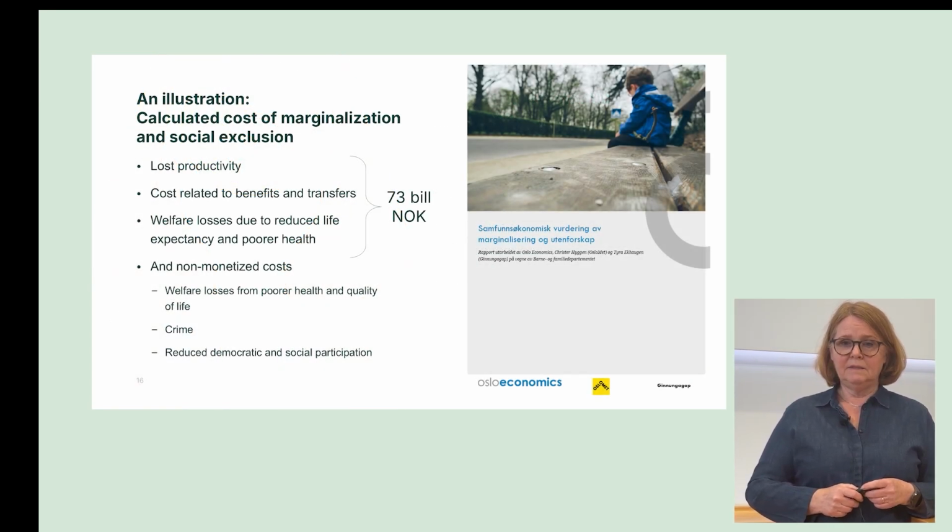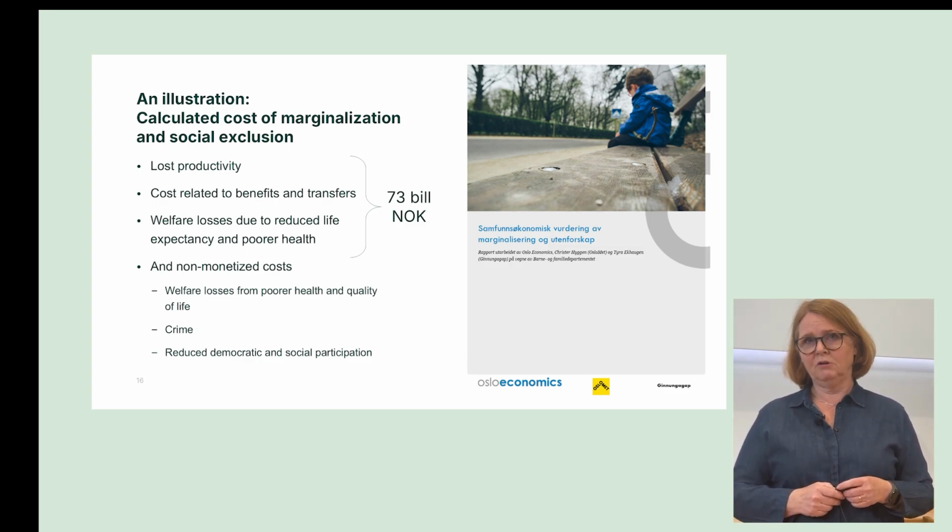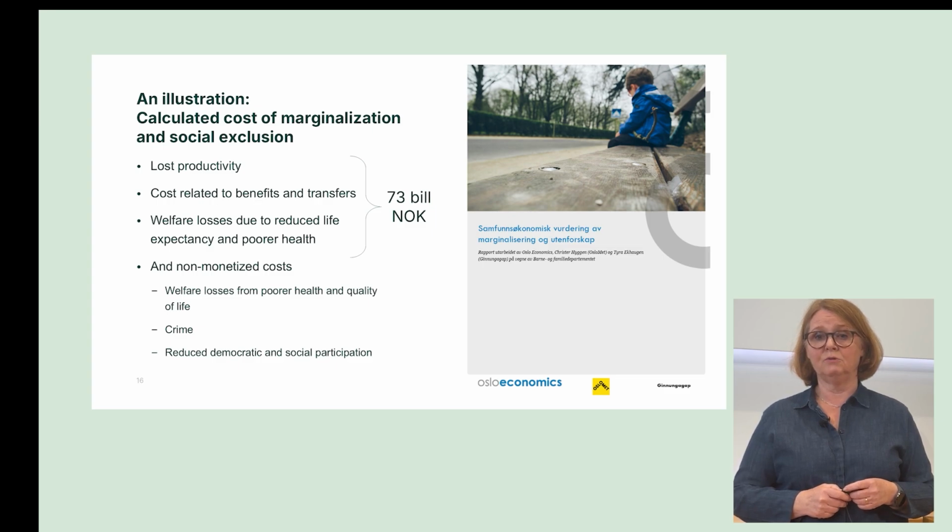It is difficult to determine exactly what child poverty costs a society, but there have been attempts to estimate the cost of social exclusion. So let me refer to a report by Oslo Economics just to illuminate the possible cost level. In 2021, Oslo Economics conducted an analysis showing that marginalization and exclusion among children and young people resulted in societal costs of approximately 73 billion Norwegian crowns per year.